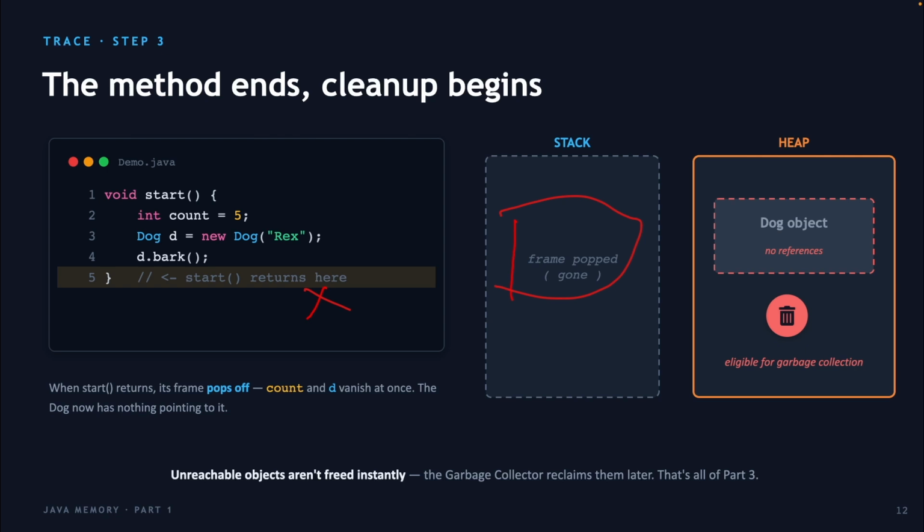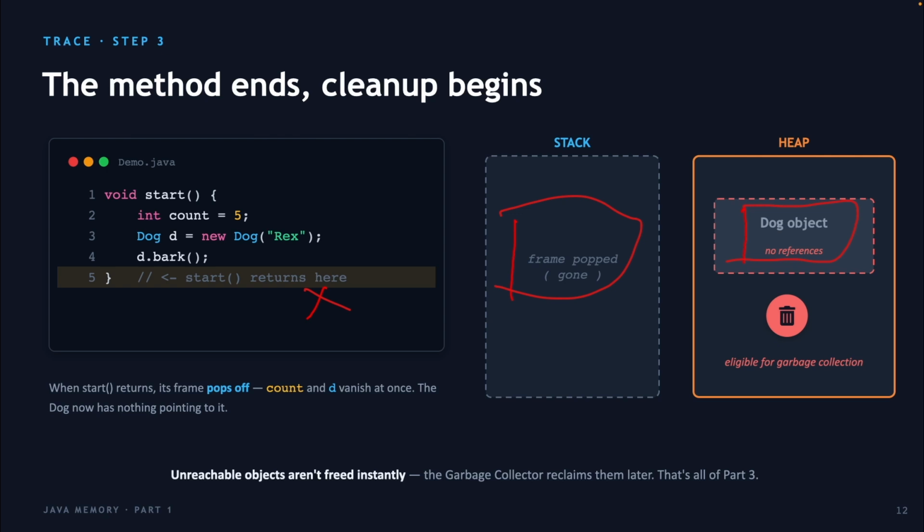But let's see the heap now. The dog object is still there, but no one is referencing it. The important difference is that no one is pointing to it anymore. The reference d used to point to it, but d disappeared when the stack frame was removed. So now the dog object is unreachable, and an unreachable object is considered garbage.